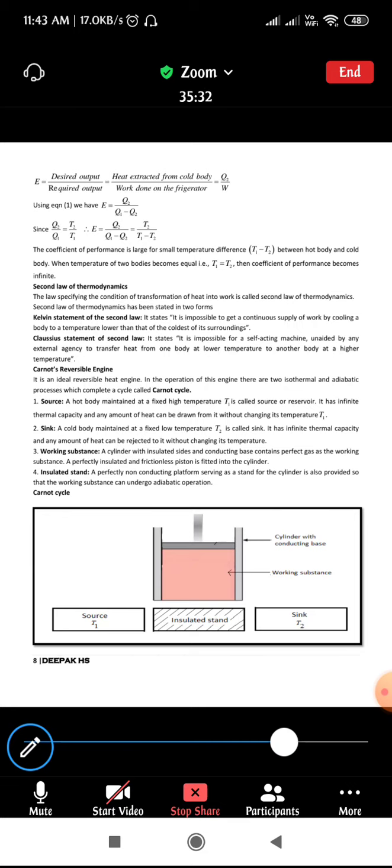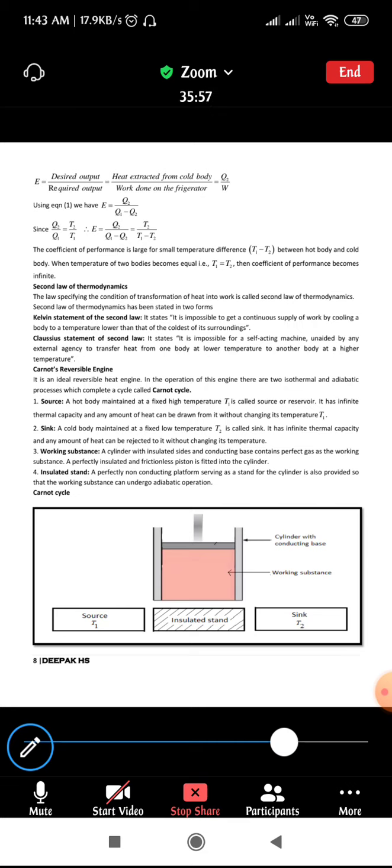Continuous work has to be done to maintain the temperature lower than that of the surrounding. Without that external work, you cannot maintain the temperature lower compared to the surrounding. That is the meaning of that.